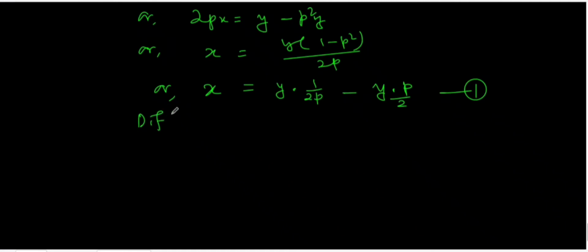Now differentiate the whole equation with respect to y. We'll get dx/dy, which is nothing but 1 upon p.